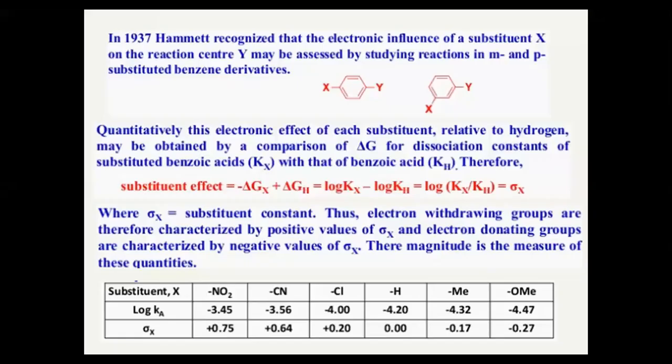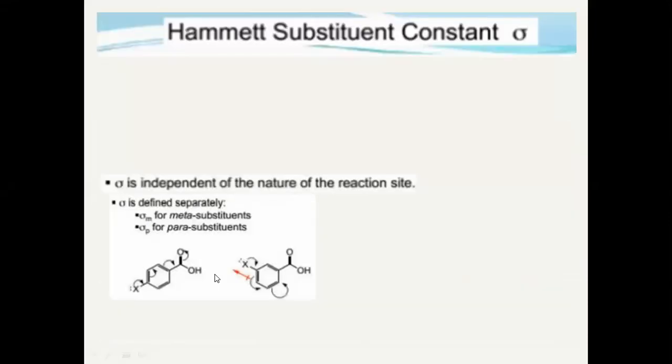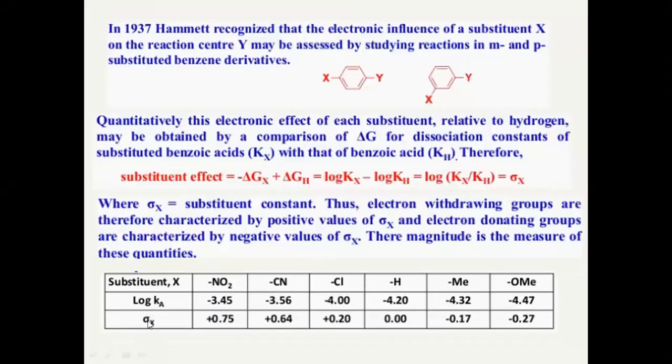Now see, try to understand. See, this log K. What is log K? Log K means for benzoic acid as well as substituted benzoic acid. So if this is XH, that is simple, then that value is what?